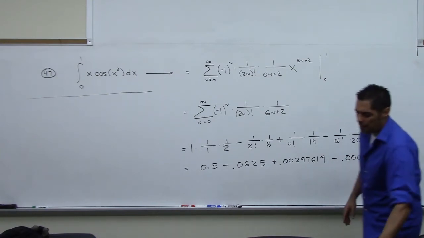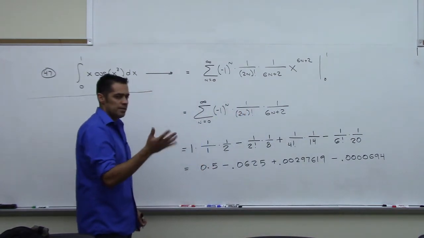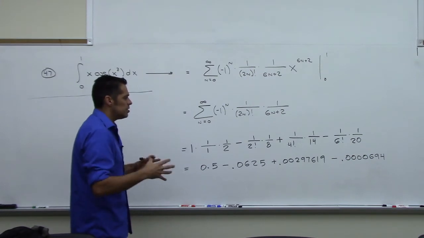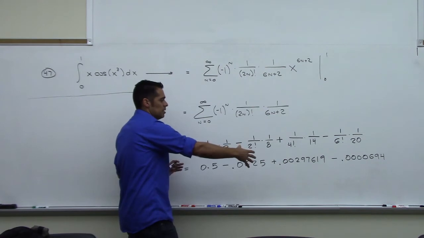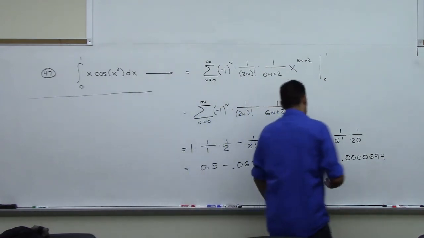And we can stop here, and the reason we can stop here is because we had that alternating series estimation theorem earlier that said that the difference between the true sum and our approximation is always less than the n plus 1 term.